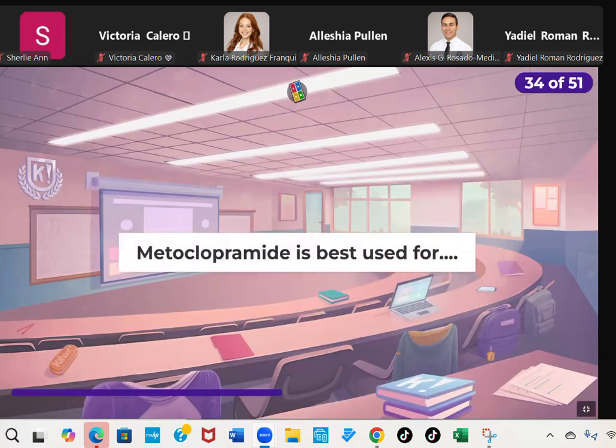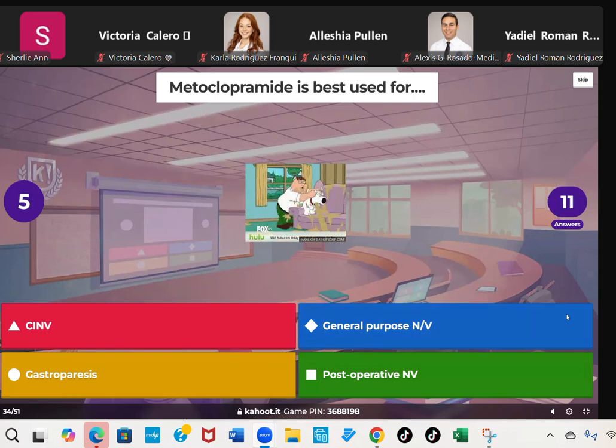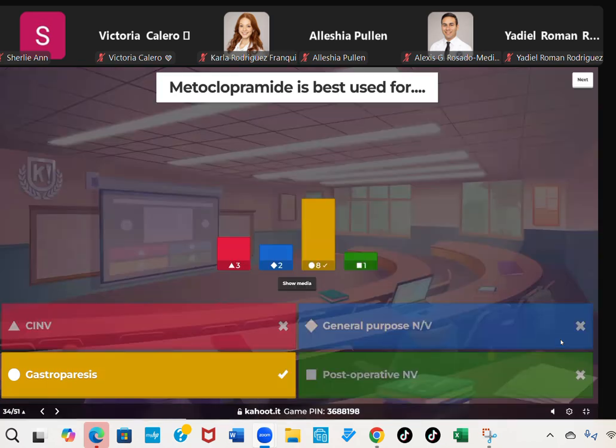Okay, metoclopramide is best used for, were you paying attention earlier? Chemo-induced nausea and vomiting, general purpose nausea and vomiting, gastroparesis, postoperative nausea and vomiting. Right. Excellent.